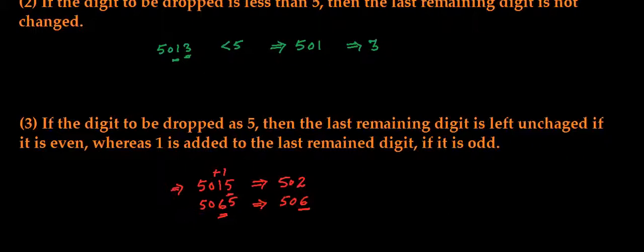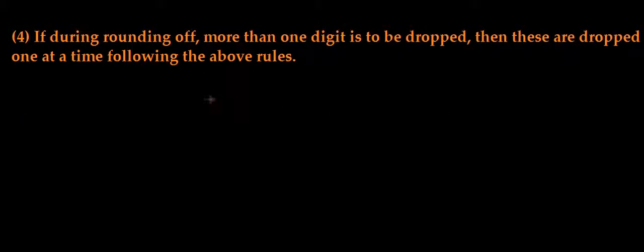Now rule number four of rounding off. It says if more than one digit is to be dropped, then they are dropped one at a time following the above rules. While rounding off more than one digit, we have to follow all three rules above.